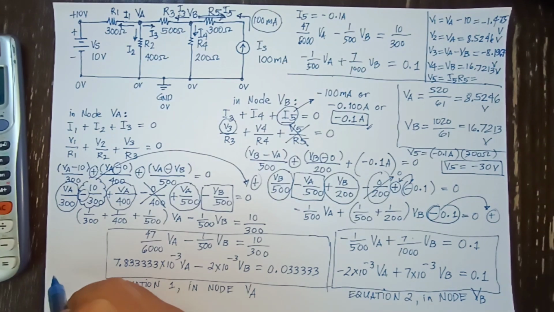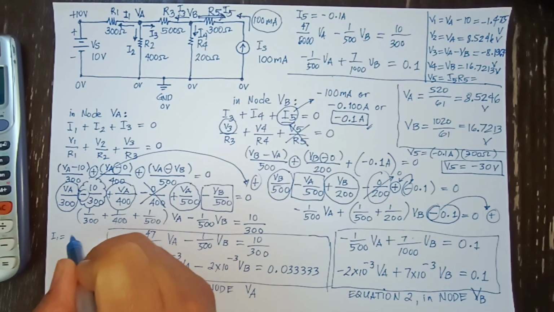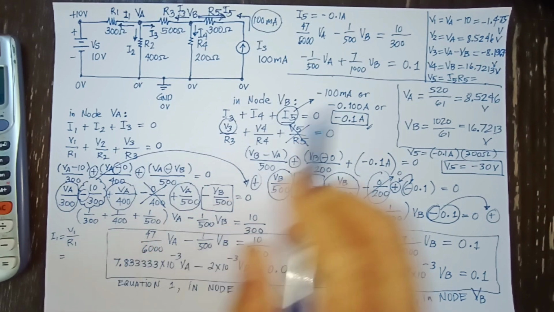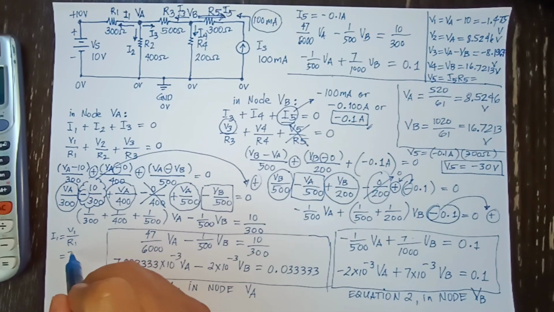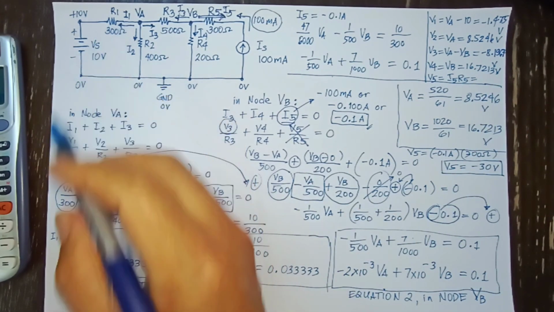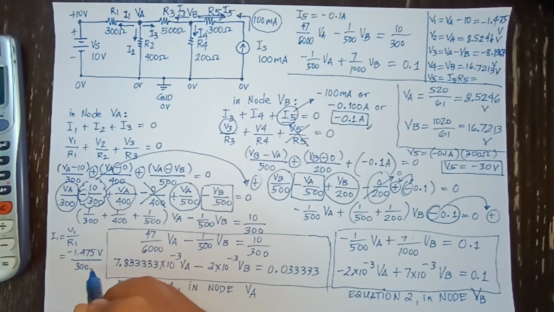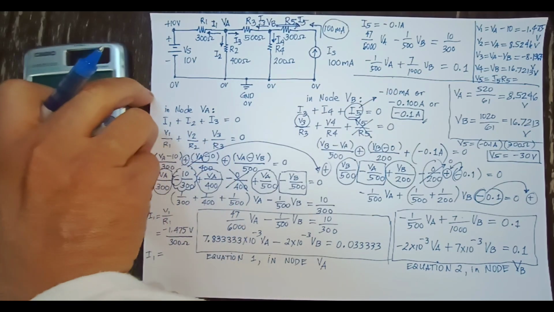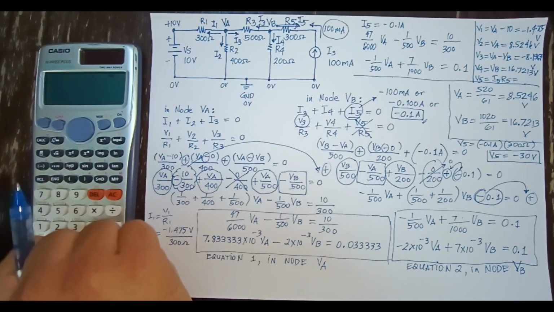And the last step, of course, is to get the currents in each branch. So we have I1 equals V1 over R1 by using Ohm's law, and we already know V1, it's minus 1.475 volts divided by 300 ohms, and we would be getting amperes as our answer because it's volt over ohm.